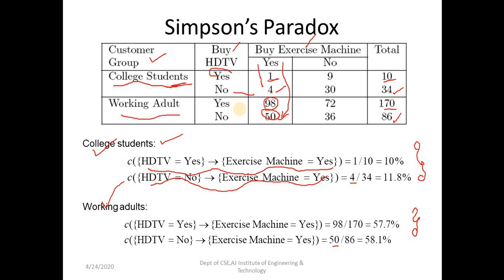to buy exercise machine. Now if you consider in more detail the customers who are college students and the customers who are working adults, you can see that customers who do not buy HDTV are more likely to buy exercise machine, since the confidence is higher, which contradicts the previous conclusion when the two groups of users were summed up.